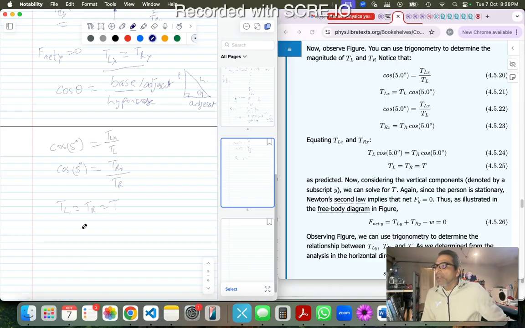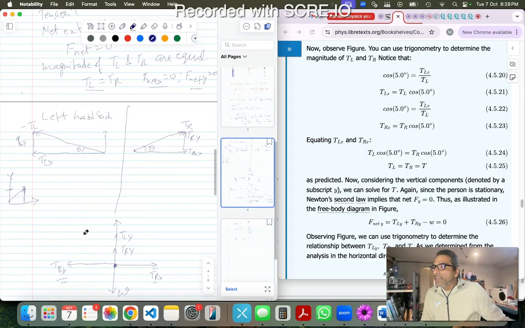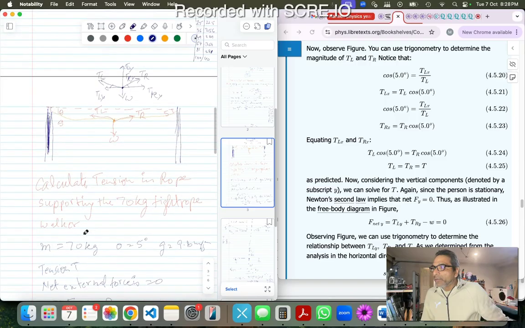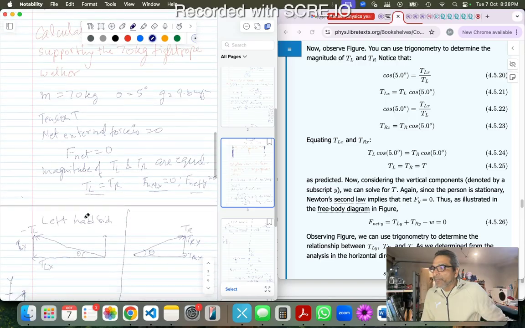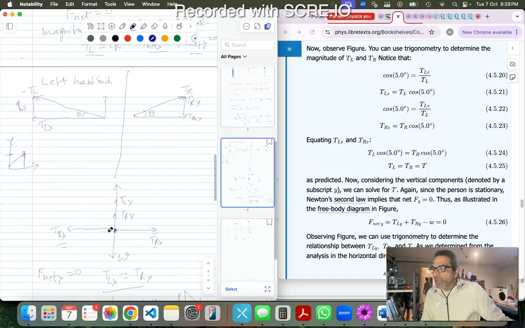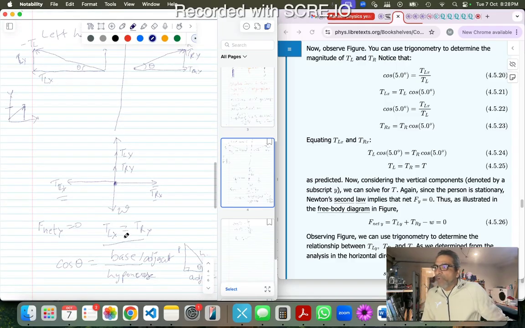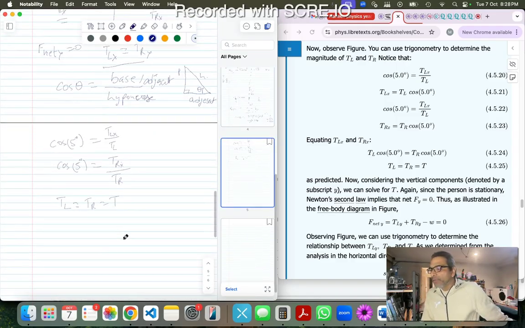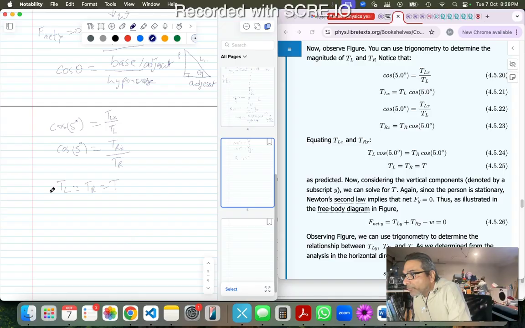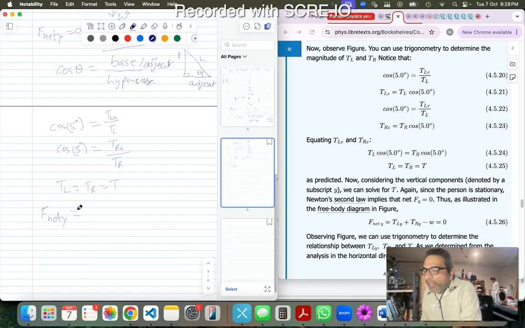Now we have to consider the vertical one. This is quite interesting where we have actual values. We know what Fnet will be in the vertical direction.